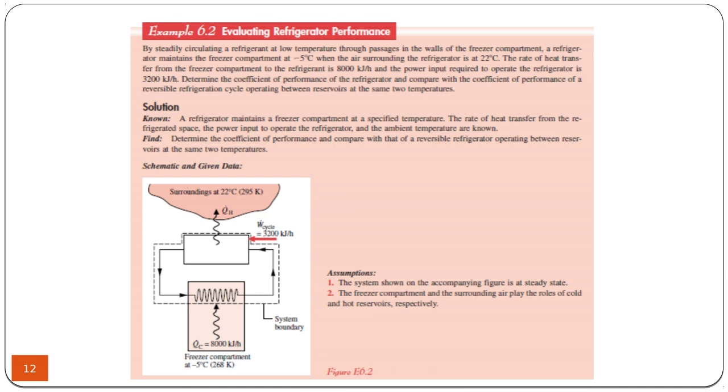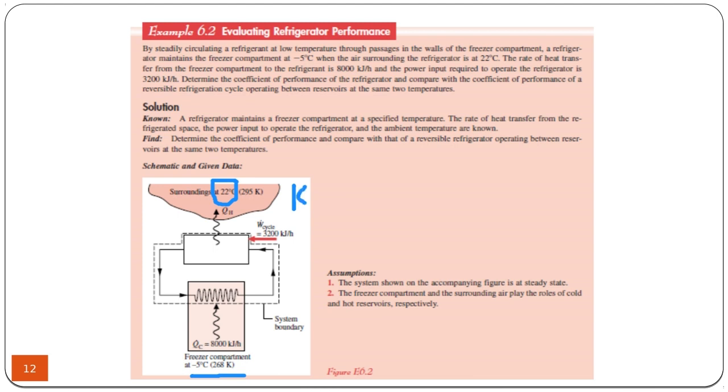The second example belongs to a refrigerator. In this refrigerator, the cold reservoir is at minus 5 Celsius. This is inside the refrigerator. And the hot reservoir is at 20 Celsius, which can be kitchen, for instance.